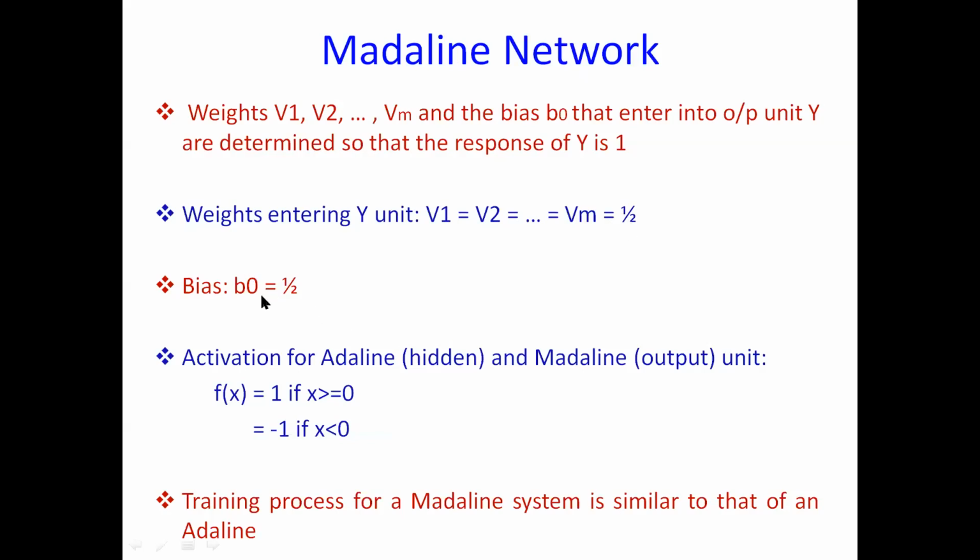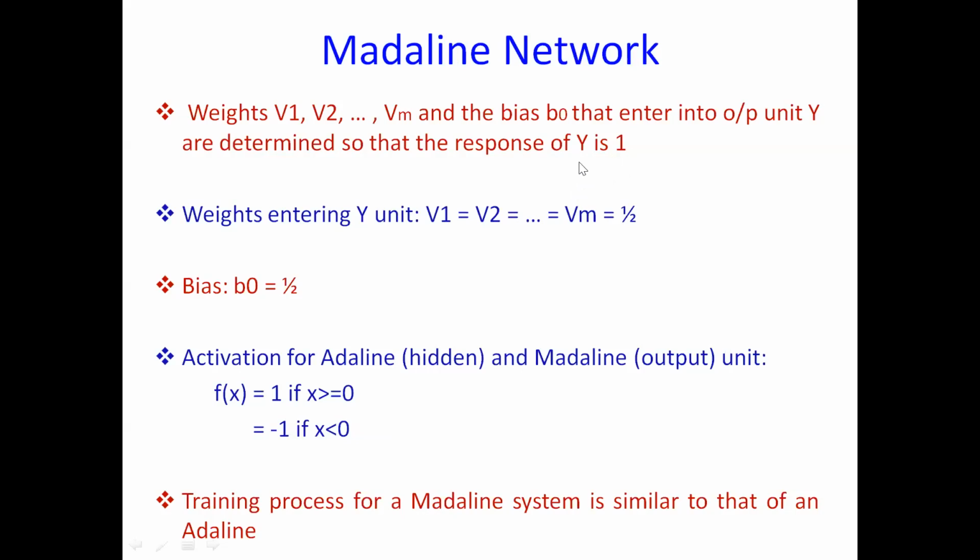And also bias B0, which is coming as another input to the Madaline neuron, is also taken as half, so that the summation of all the weights and the bias will be 1, so that the response of Madaline neuron will be 1.